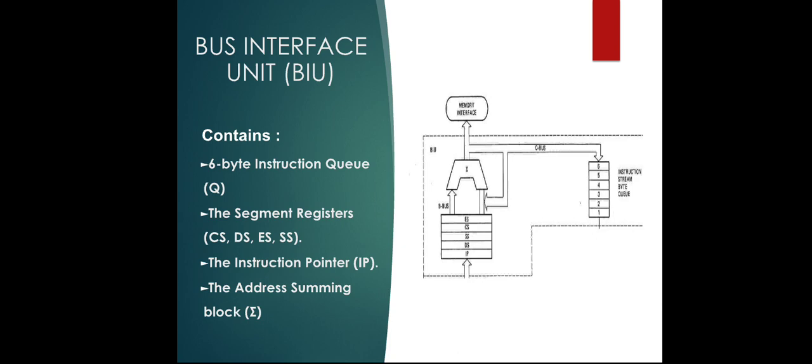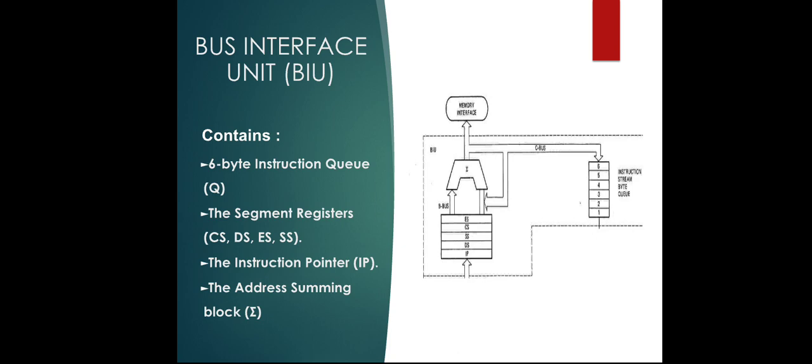The bus interface unit also contains a special block called the address summing unit. The main function of this address summing unit is to calculate the physical address. If you look into the memory organization of the 8086 microprocessor, it has 1 MB of physical memory.